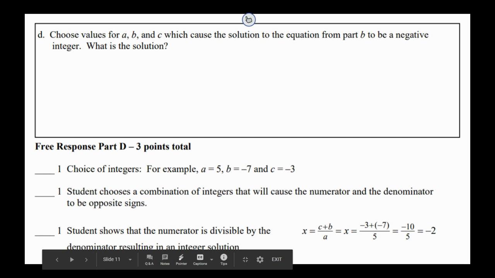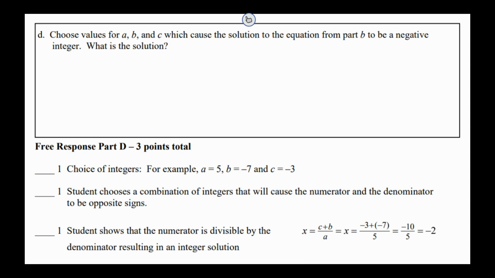Okay, so here's the rubric. You get 1 point for choosing integers and telling me what they are. So for example, A equals 5, B equals -7, and C equals -3. Okay, so 1 point for choosing numbers and telling me what they are. You get another point for choosing the right combination of integers so that the numerator and the denominator have opposite signs, so that whenever you actually do the solution, you get a negative number.